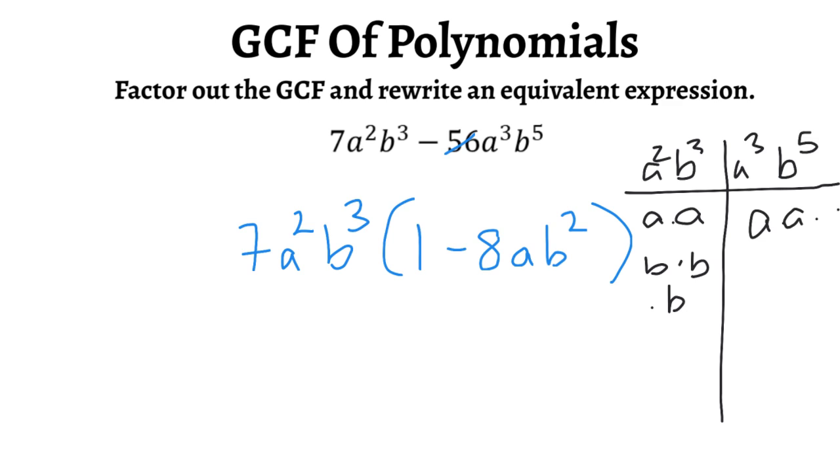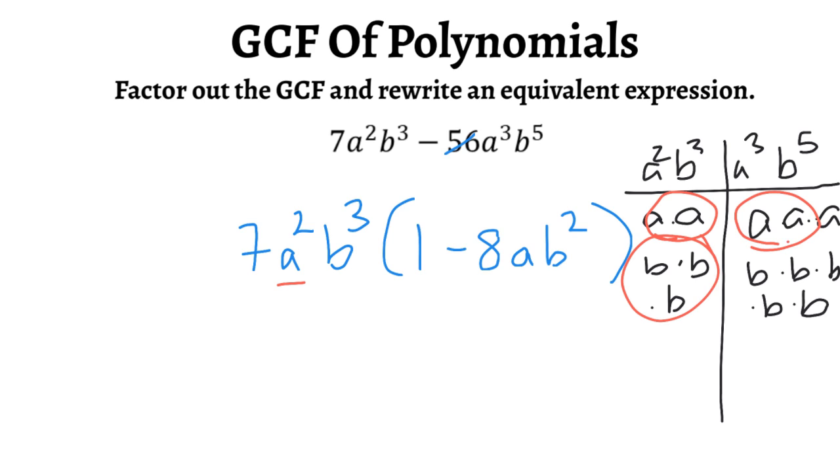And then b to the 5th means we have b times b times b, 5 times. So when I'm looking at the greatest common factor, I first start with the variable, right? The letter a. They both have 2 a's in common. That's why I factored out an a squared. And then when I was looking at the b's, they both have 3 b's in common. So I was able to pull out a b cubed.